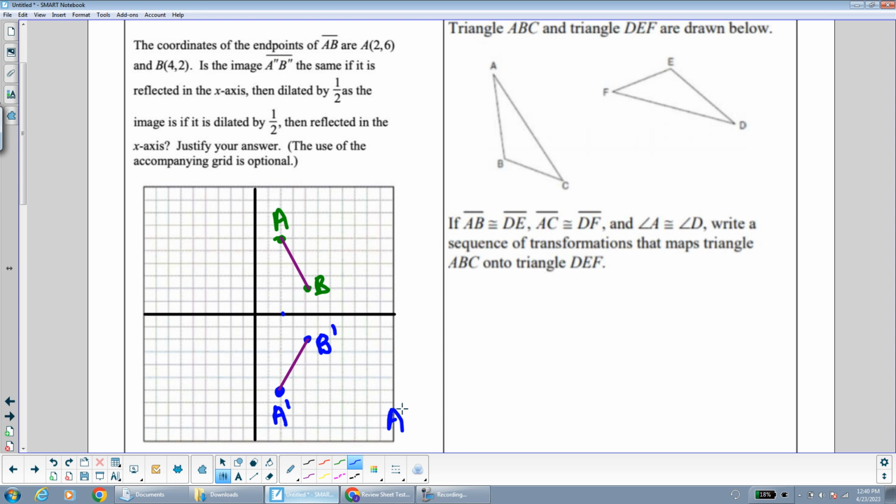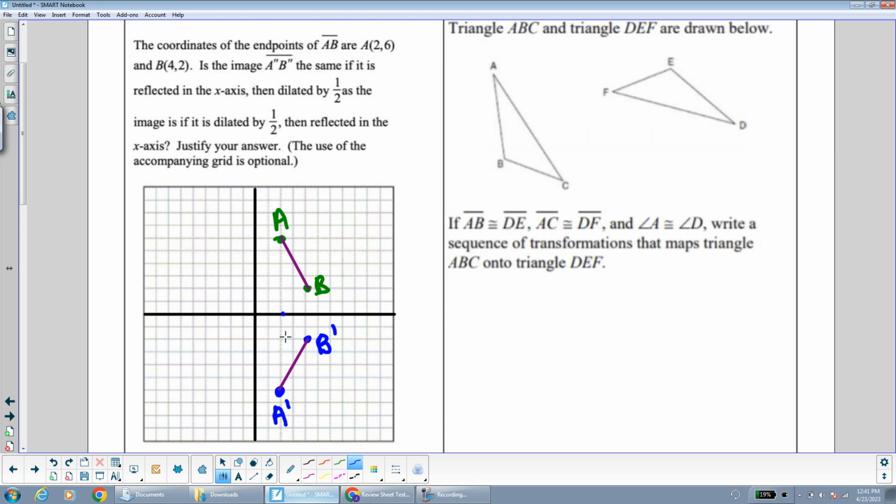A double prime would be 4, -12 after the dilation. And B prime is 4, -2. So 4, -2, if we're doubling it, would become 8. Oh no, this is 1/2. This is not doubling it. My bad. Let's try that again. You've got to read the questions carefully here. I was looking at it as 2, but it says 1/2.